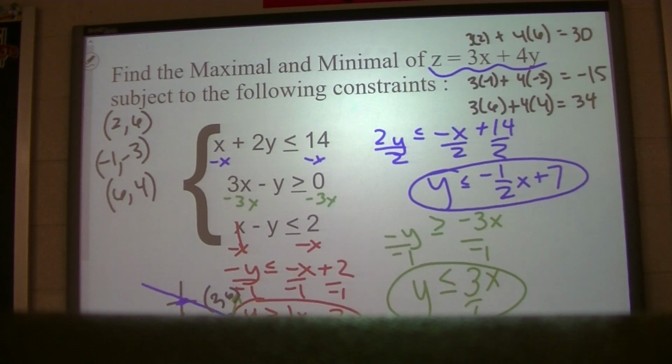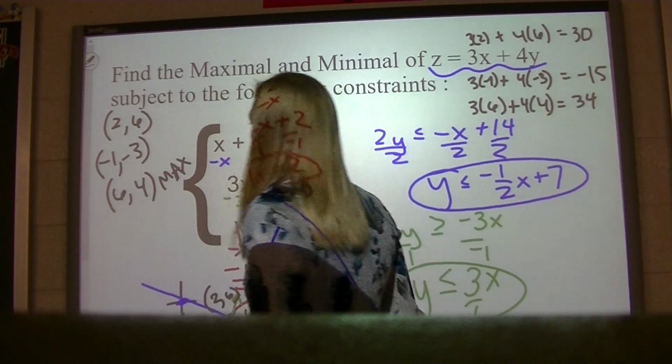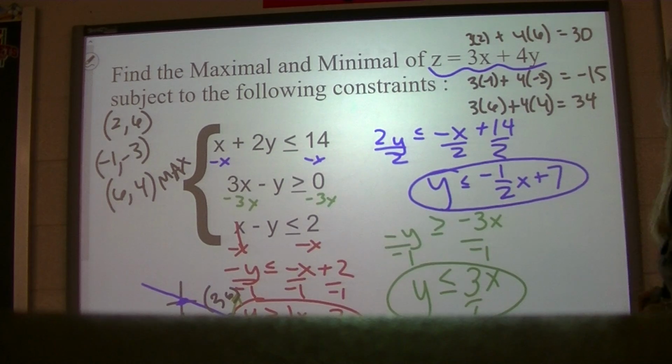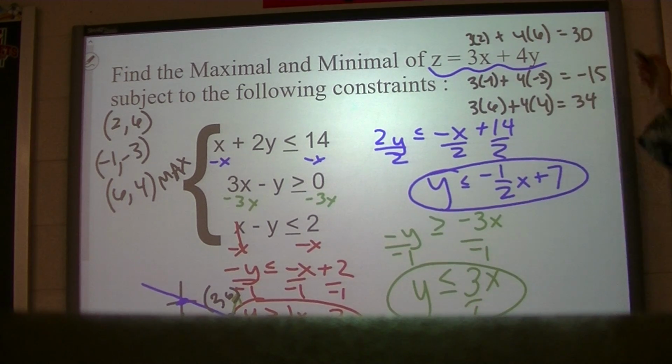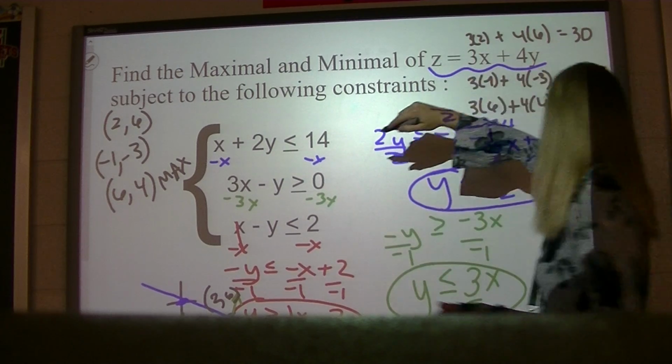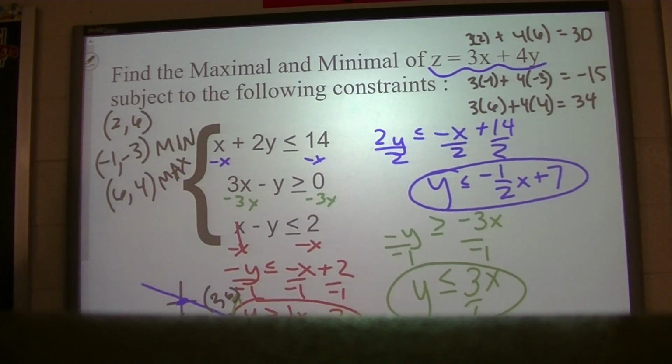So it looks like 6, 4 maximizes that function. And then 2, 6 is 30, so it doesn't maximize it because it's not the biggest number. The minimize is -1, -3. So 6, 4 is our max and -1, -3 is our min.